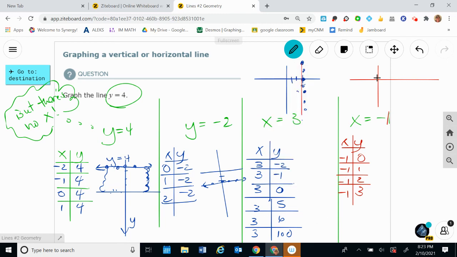Negative 1, 0. Negative 1, 1. Negative 1, 2. Negative 1, negative 1. Negative 1, negative 2. x is always equal to negative 1, which means you connect it, and it is a vertical line. So when you have one variable, it's either going to be horizontal or vertical.